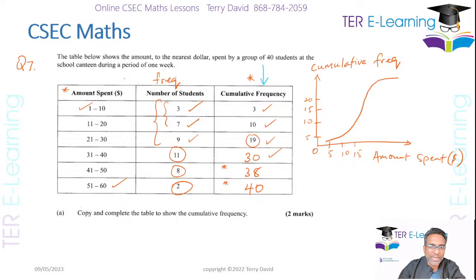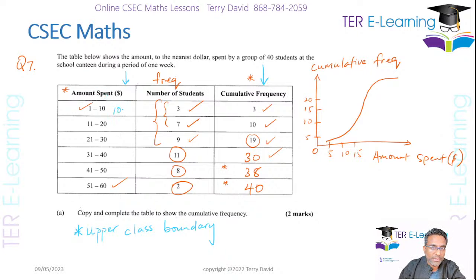And here's what you have to remember as well. When you're plotting cumulative frequency, we use what we call our upper class boundary. For each class interval, you need to use the correct upper class boundary.